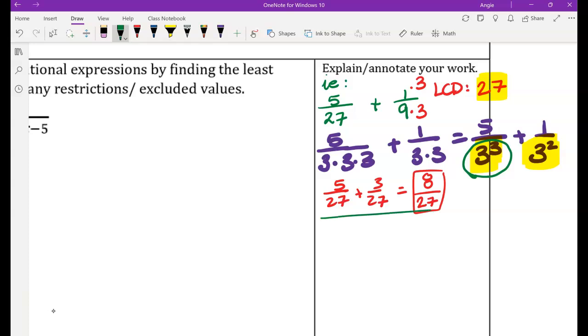Another one I want to bring up as well is this. Let's do a similar question, but instead of 5 over 27, let's do 5 over 18. Let's change the top, let's do 3, just to be different.